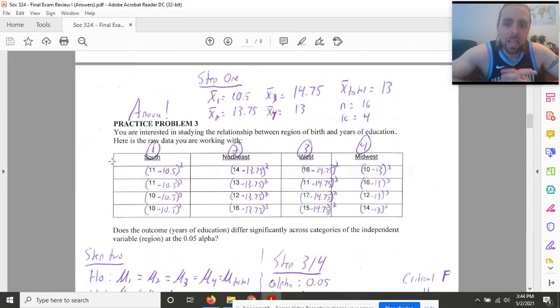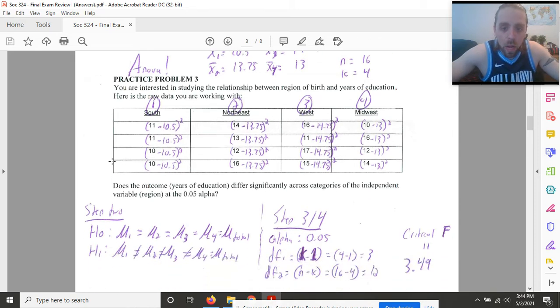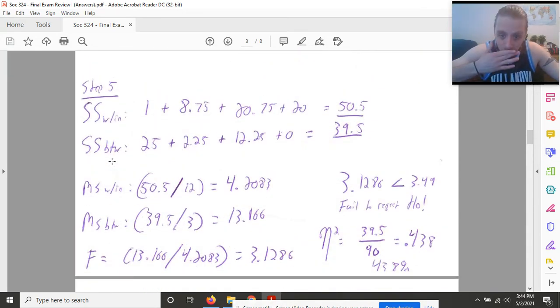So if I take the South, that is 10.5, the group mean, minus 13, the grand mean, squared and multiplied by 4, because 4 is the group size. I have to do that 4 times, 1 for each group. One's for the South, one's for the Northeast, one's for the West, one for the Midwest.